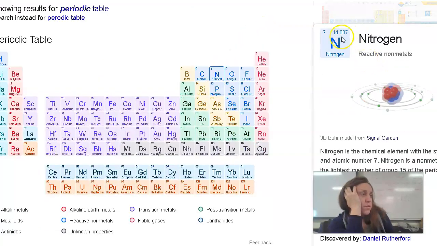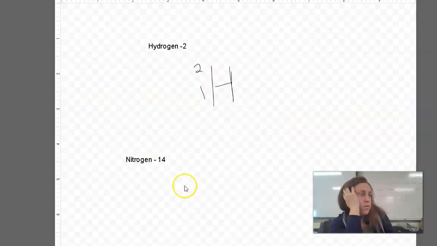Okay. We don't use this number here. This 14 doesn't count. So we look, oh, nitrogen, there's the atomic number. All right. So we go here, and we have N, and we go 14. That's the mass number that's given to you.